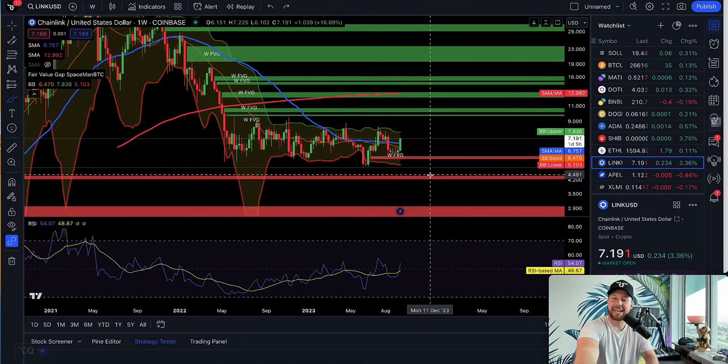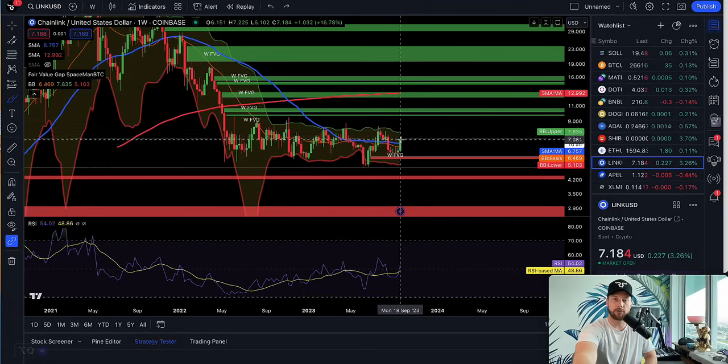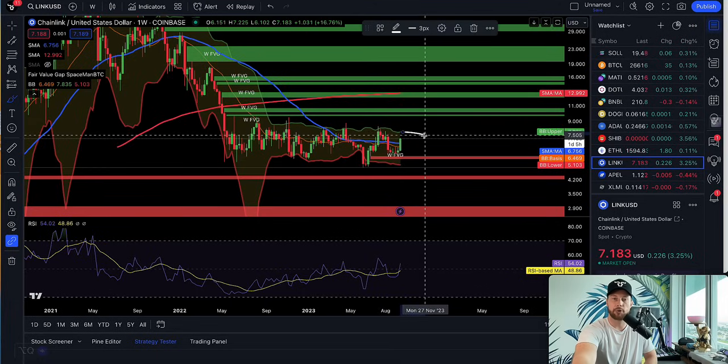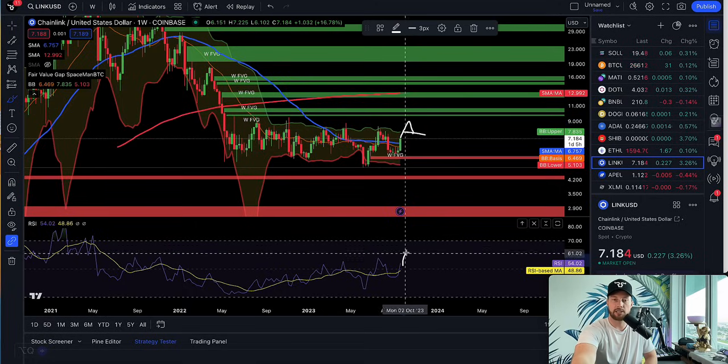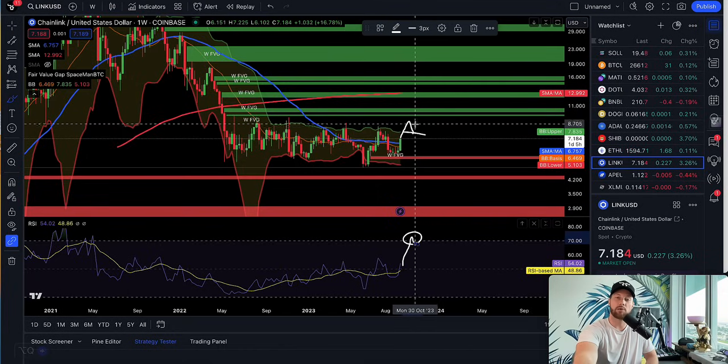There's a saying in trading called let your runners run, where if you sell too early, you're leaving a massive portion of profits on the table. For example, if we were to see Chainlink break the upper Bollinger Band right here, and then simultaneously you see it get into overbought territory, meaning it's a good opportunity to sell. Yes, that generally would be true.